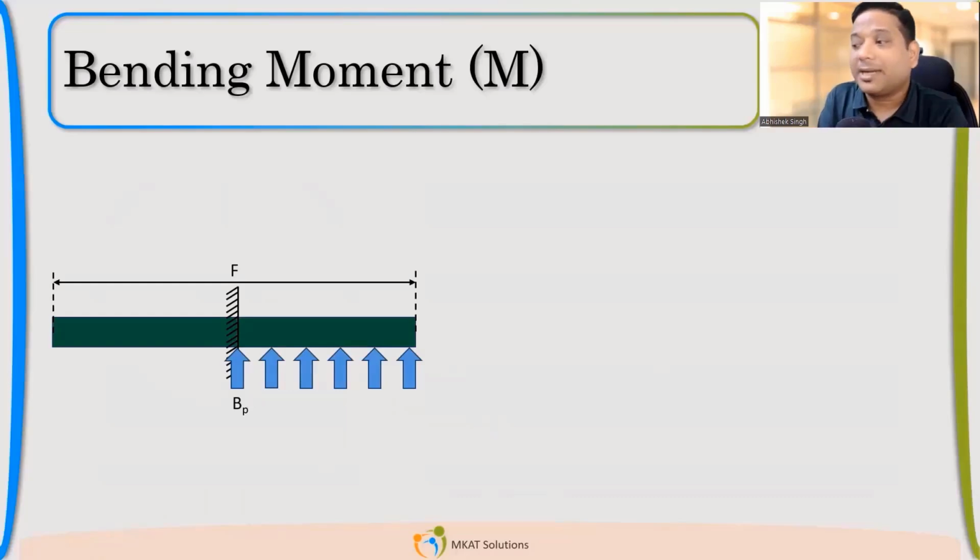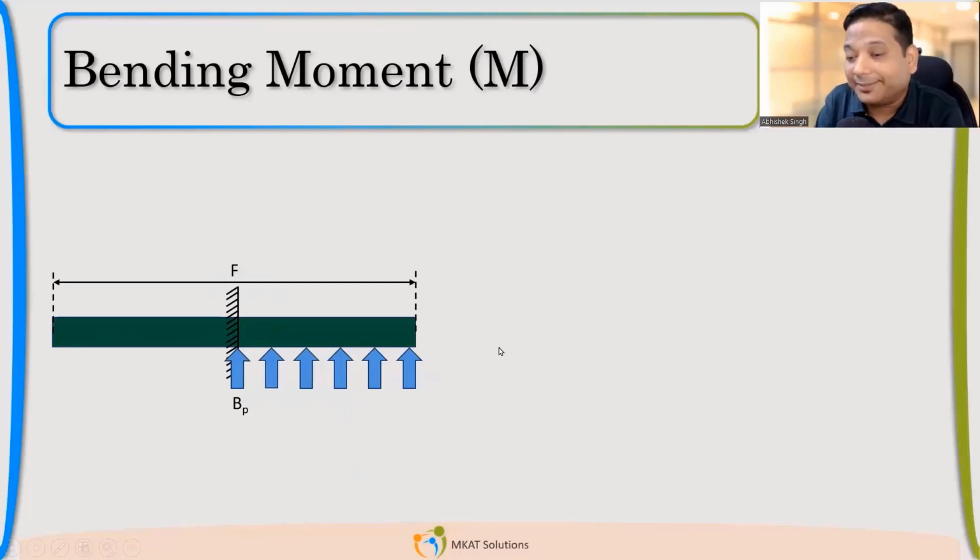I want to apply a uniform load on a typical beam, a single member fixed at one end. The center is basically the end where it is fixed, and there is a uniform load. So I can convert this bearing pressure into a linear load by multiplying with the total length.